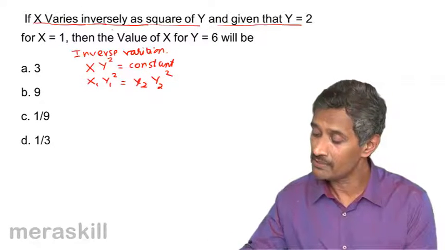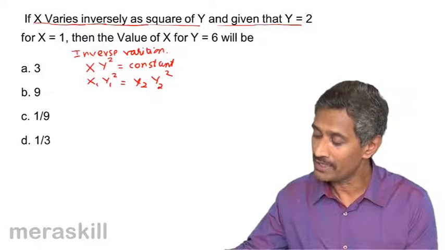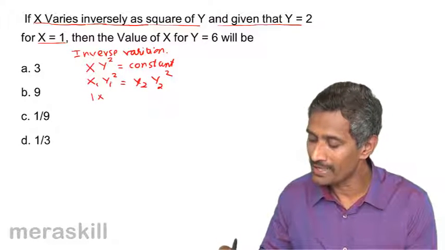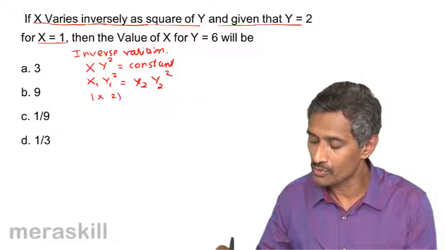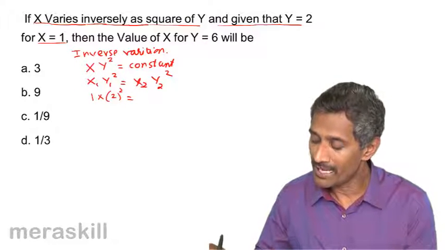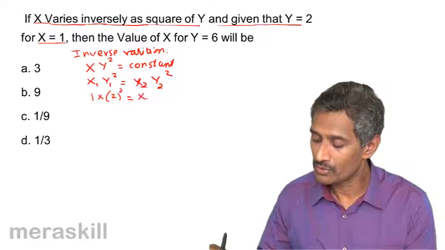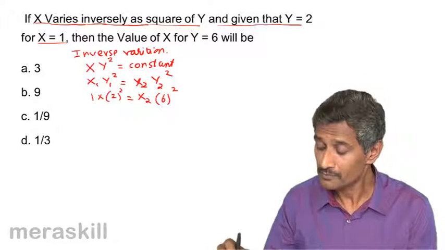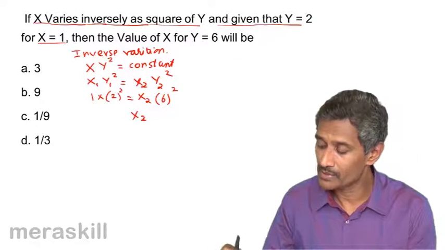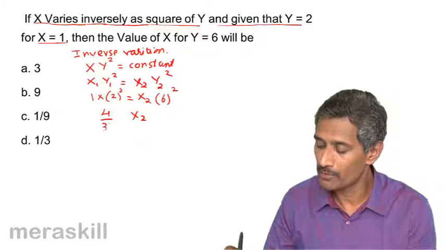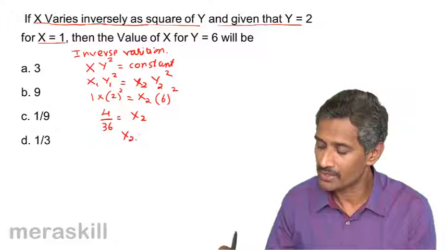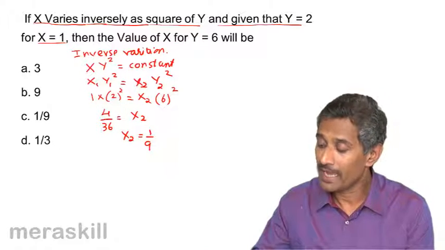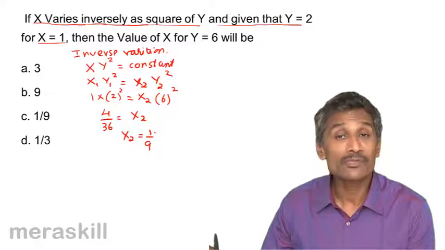So x1 is going to be 1, so it's going to be 1 into y1 square, that is 2 square, is equal to x2, which we don't know, into y2 square, that is 6 square. So that means x2 is going to be 2 square, 4 upon 36. So x2 is 1 by 9. So the value of x for y equal to 6 is 1 by 9.